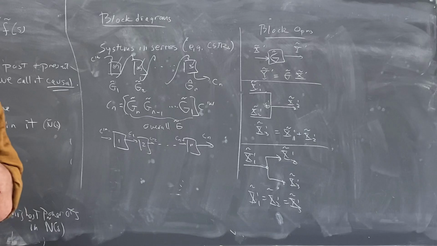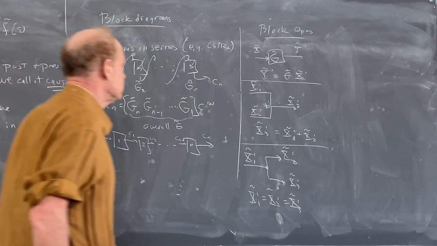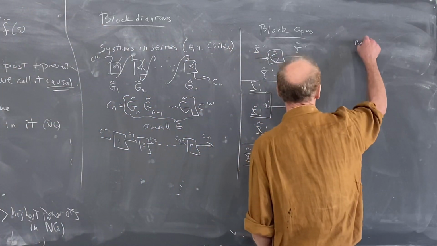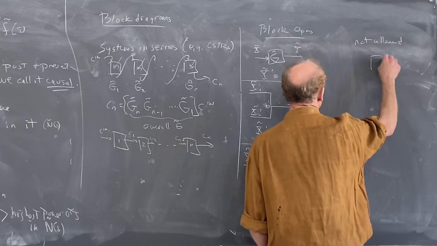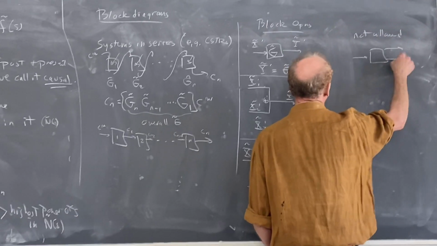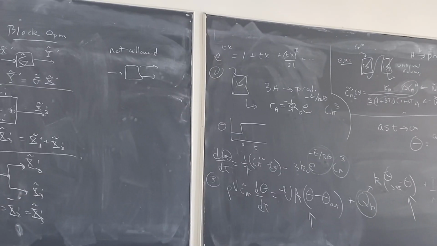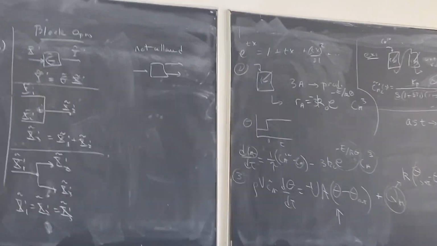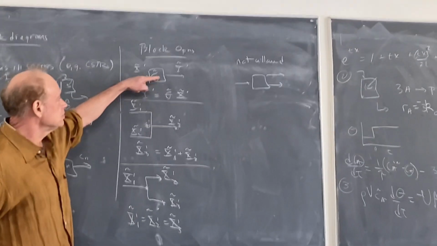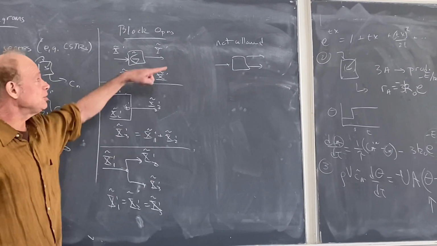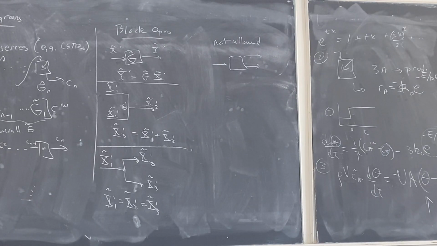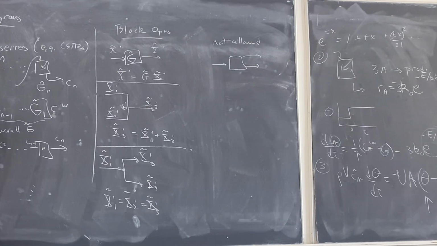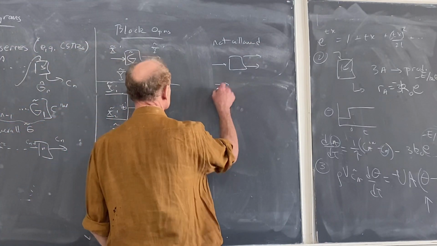So let's just notice certain things that are not allowed. You can't have two outputs from a block. You have one output that you can then split. But you don't have two different outputs from a block. So that's not allowed. You don't have two inputs to a block.